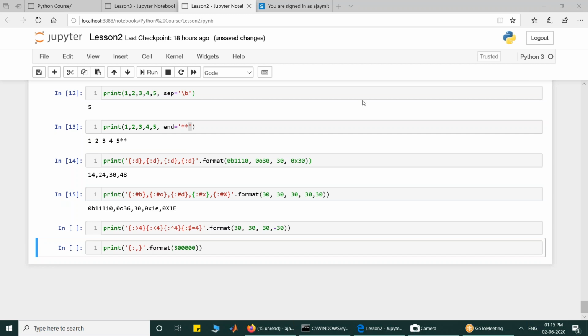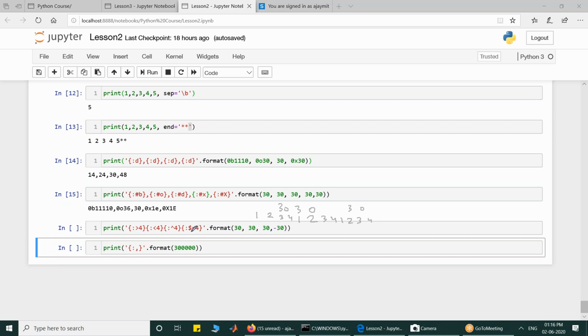In the first, what we want to do is put 30 in a field of 4, and I want it right aligned. So 30 will come at position 1, 2, 3 and 4. Then I want 30 to be left aligned in a field of 4. Then I want 30 to be center aligned in a field of 4.